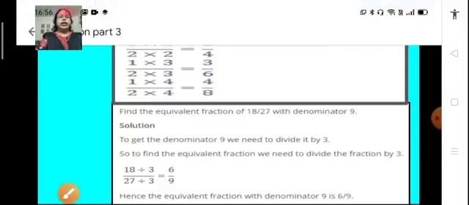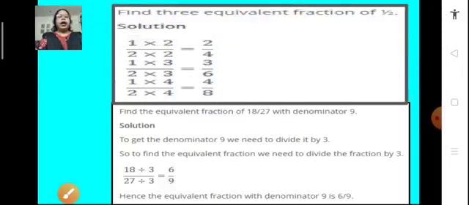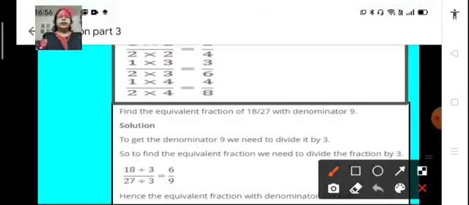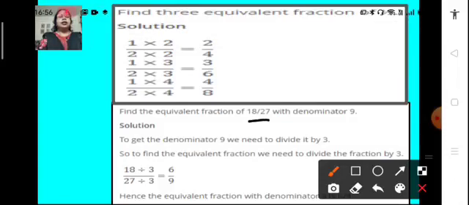Now one more example here. Find the equivalent fraction of 18 upon 27 with denominator 9. How do we get a denominator 9 in this case? If we divide the denominator 27 by 3, we get the denominator 9. So that means we have to divide the numerator and denominator of this fraction by 3. So what do we get?